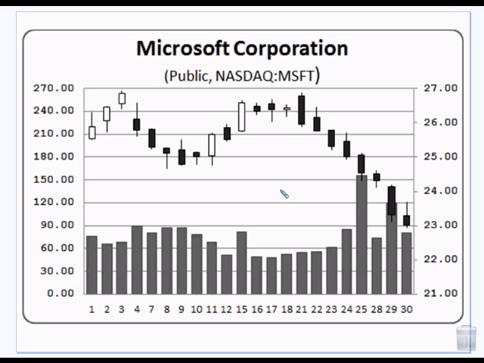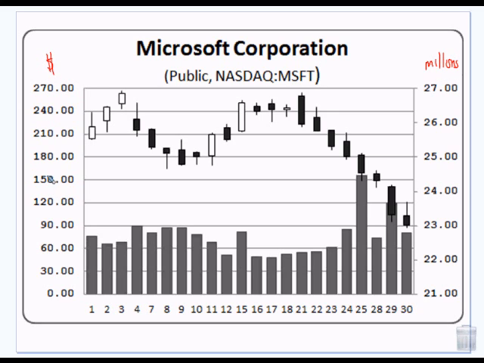This was Microsoft. On the left, this is the dollar amount, and on the right, this is the sales in the millions. So this is the millions, and this is the money.